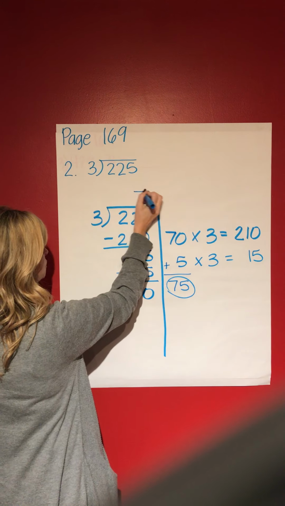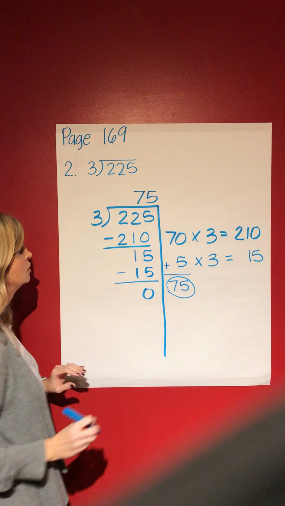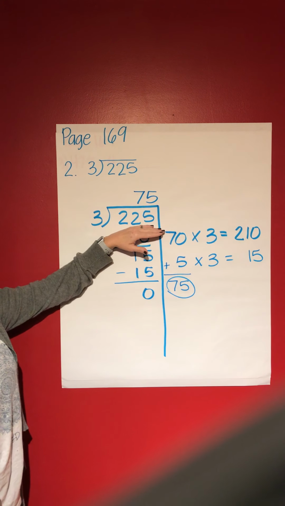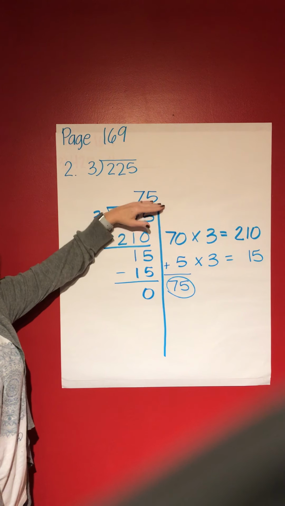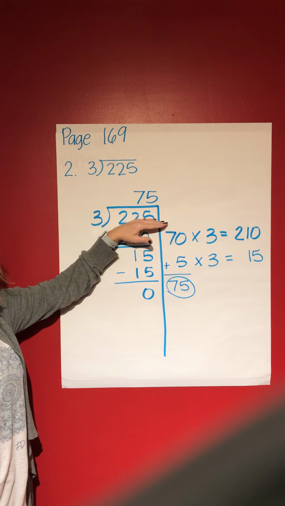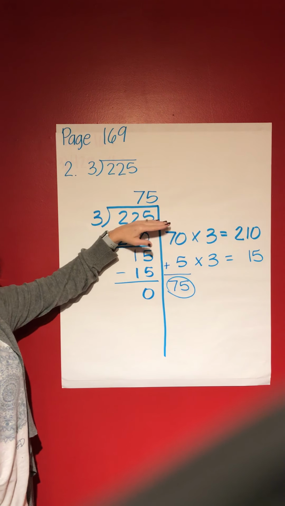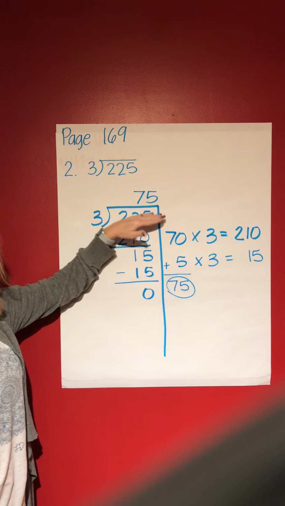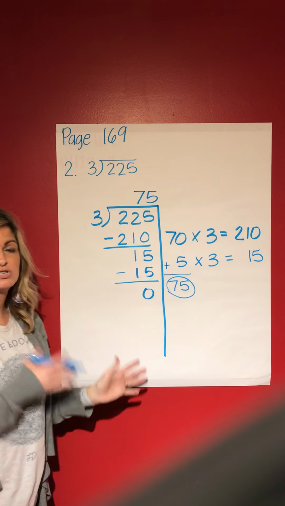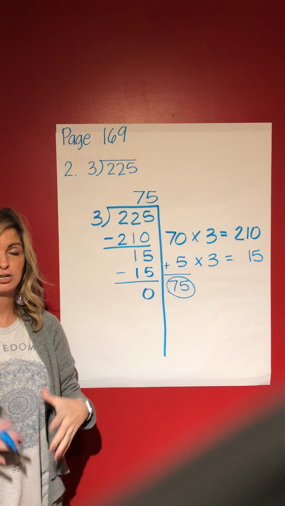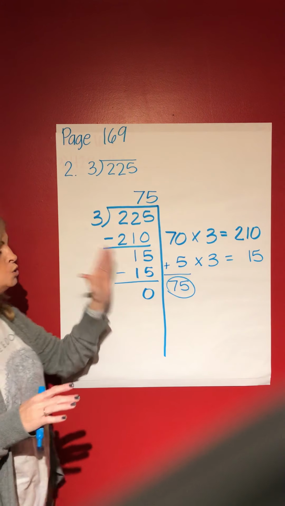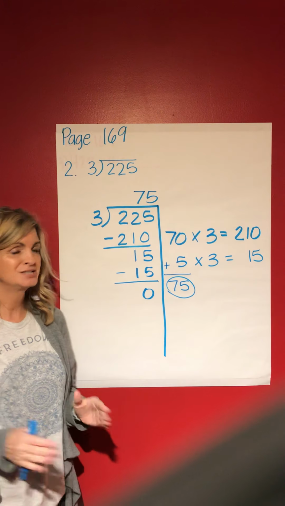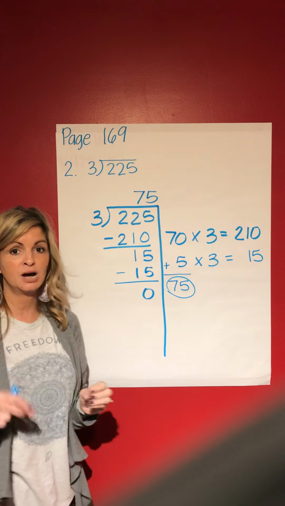It is also important that when I write my answer, I write it above 225 just like this, and then I line up my place value here as well, okay? This is very, very important because when we go to the next step of learning long division or standard algorithm, you must put these digits in the right place, okay?